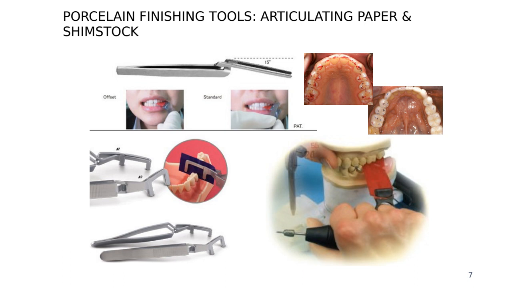I mean, it could break the porcelain. Think about the opposing, right? How is the porcelain strength versus the natural dentition? It's harder. Right. So what's going to happen to the opposing? Okay. So that process is speeded up a little more, right? So we have to understand that we have all these tools at our disposal to correct the function, but we have to know how to correct it, right?